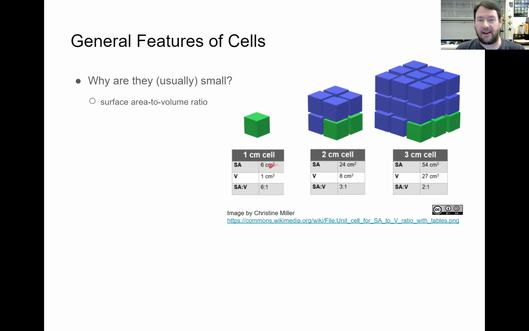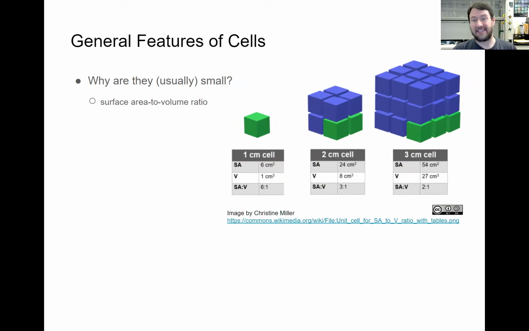So for a 1 centimeter cell, for example, the surface area to volume ratio would be 6 to 1, centimeters squared to centimeters cubed, right? If you double the size of that cell, so you have a cell that's 2 centimeters on each side, then the surface area to volume is 3 to 1. You increase it to a 3 centimeter cell, it's 2 to 1. And this pattern holds. So the bigger the cell gets, the smaller the surface area to volume ratio is.